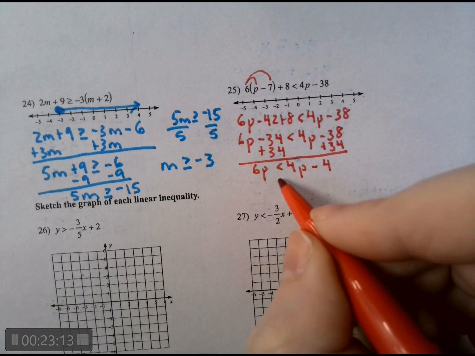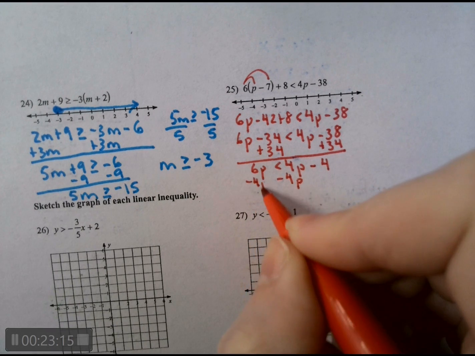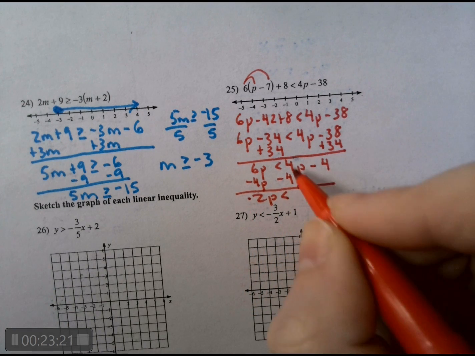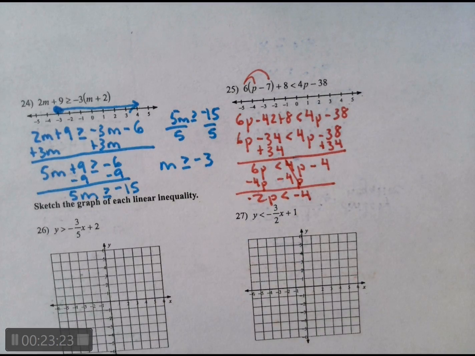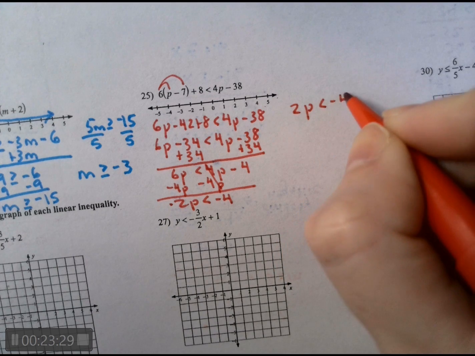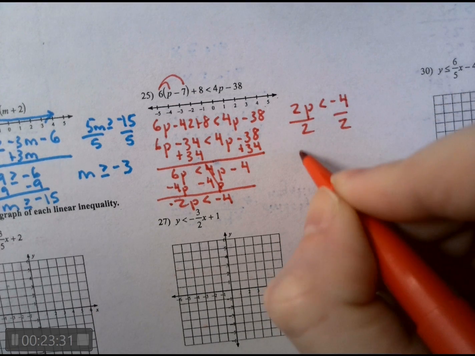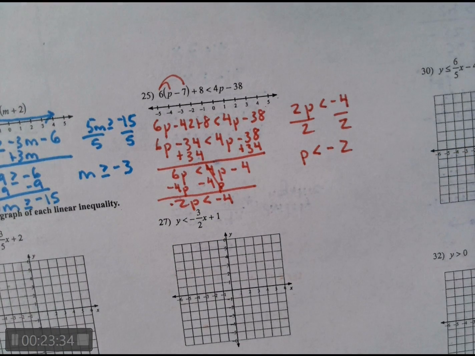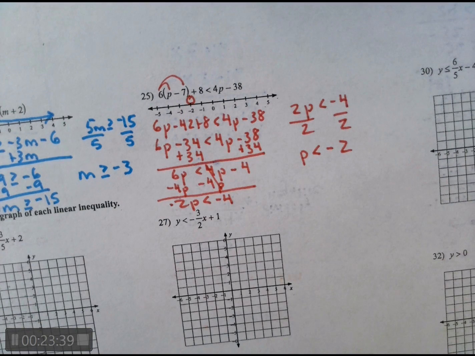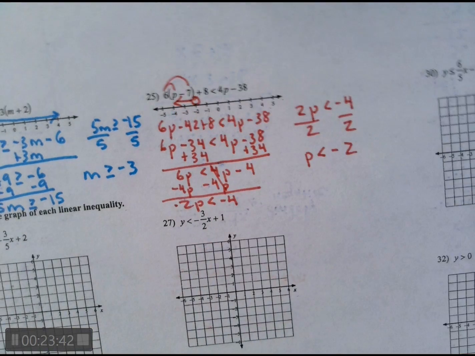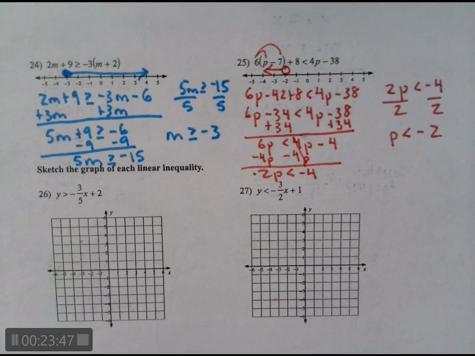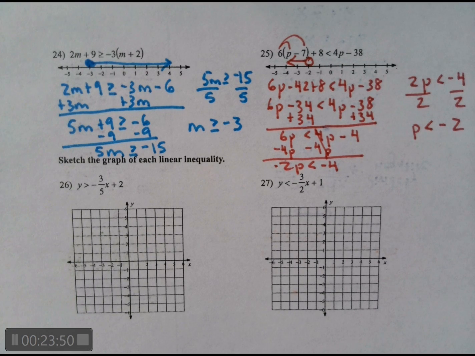I'm going to subtract 4p from both sides. So I'm going to get 2p is less than -4. Bring it over here. 2p less than -4, divide by 2. So p is less than -2. Whew. Alrighty, so open circle around -2. Since p is less than, we're going to the left. Alright, so again, if you could do the 4 on the front, you can do any of them.